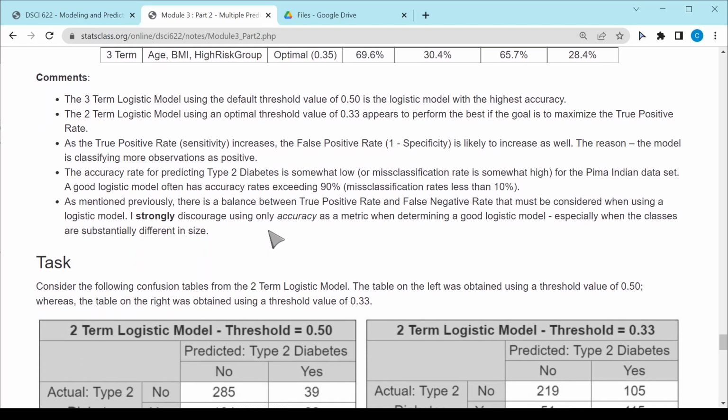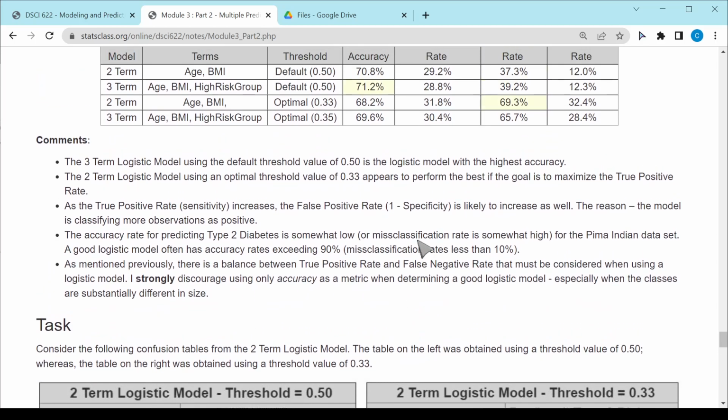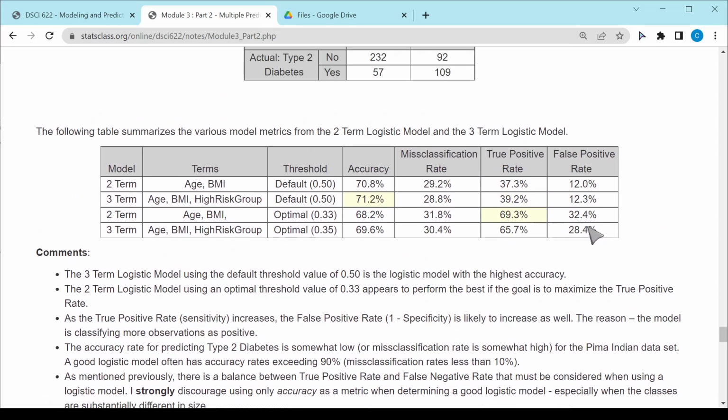And then here I just strongly encourage you to think about the metrics more holistically when you're doing logistic regression. It'd be really bad to just decide that the best model is the one that has the highest accuracy, because that one does not produce a model that has the highest true positive rate.